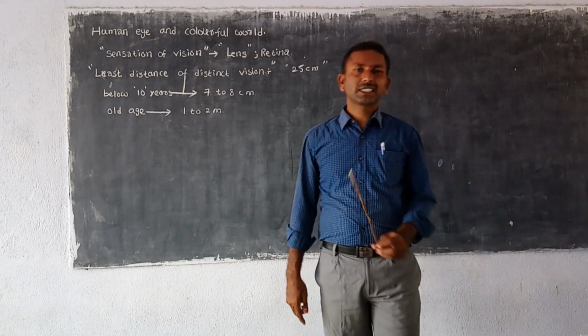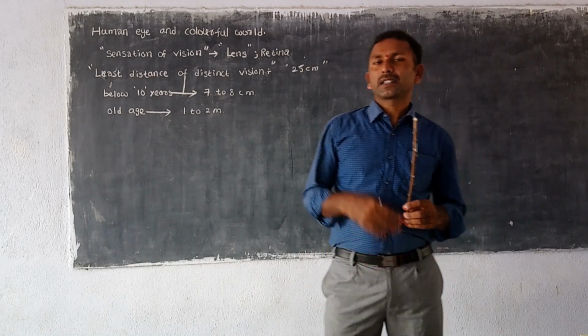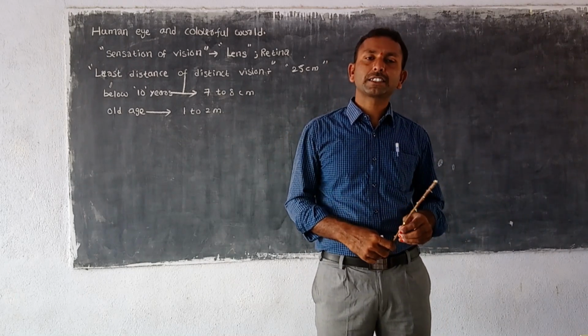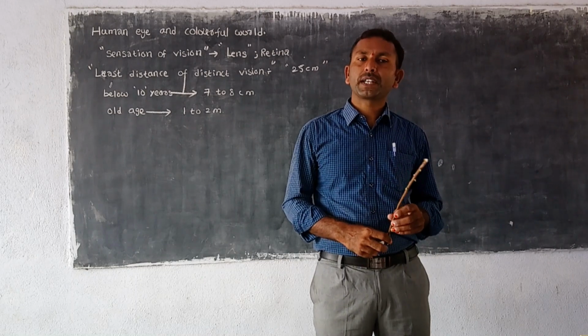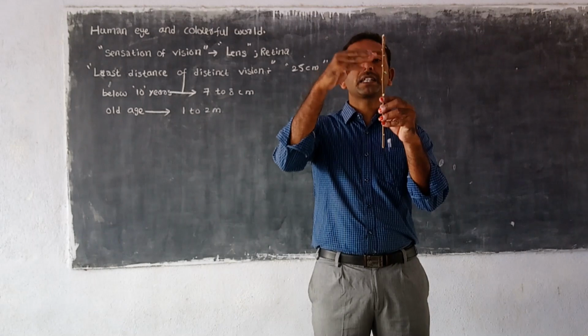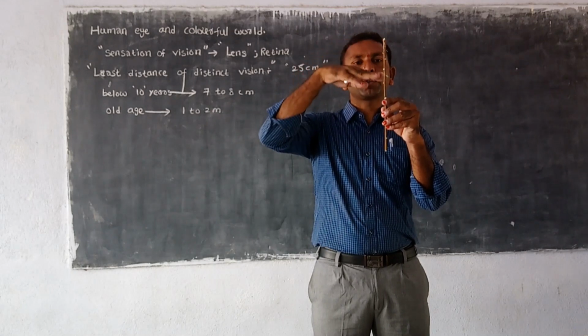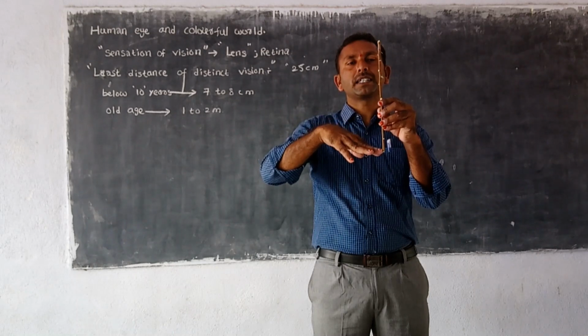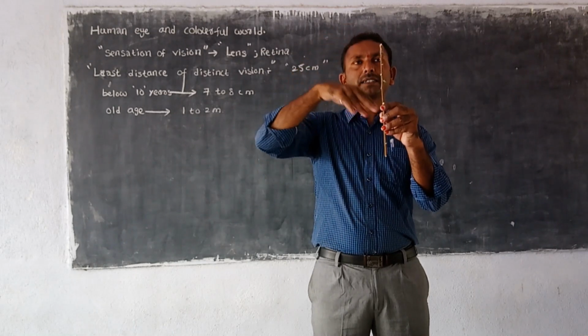So not only by using this stick, take another longer stick of 40 cm, 50 cm and 60 cm, like that, and see where you are able to see the object completely. Here I am able to see the object completely, top and bottom. Now take another rod which is larger than the stick and keep it here.